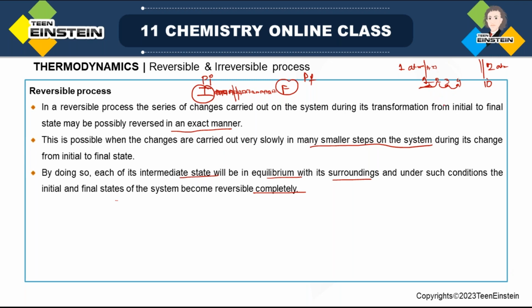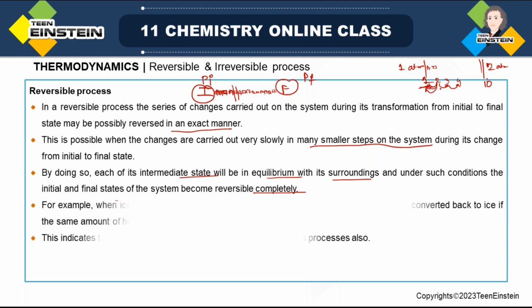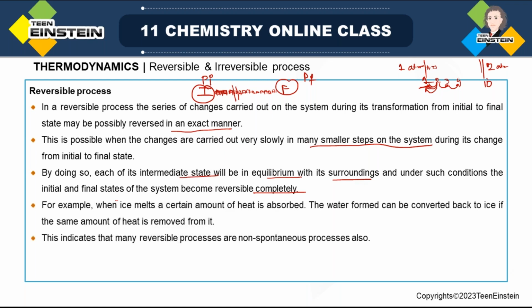You do these small changes in such a way that in every change there is equilibrium. You are moving from 1 to 2, but following the same path you can also move from 2 to 1, then from 4 to 3. So in each step reversibility must be maintained, that is, equilibrium must be maintained. Only then can we call it reversible.